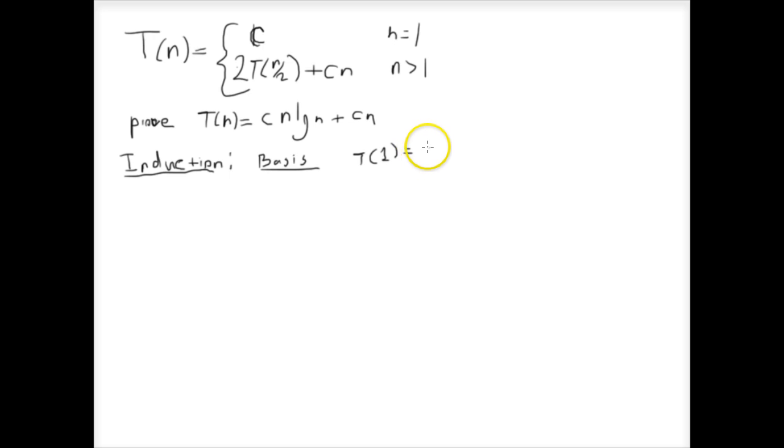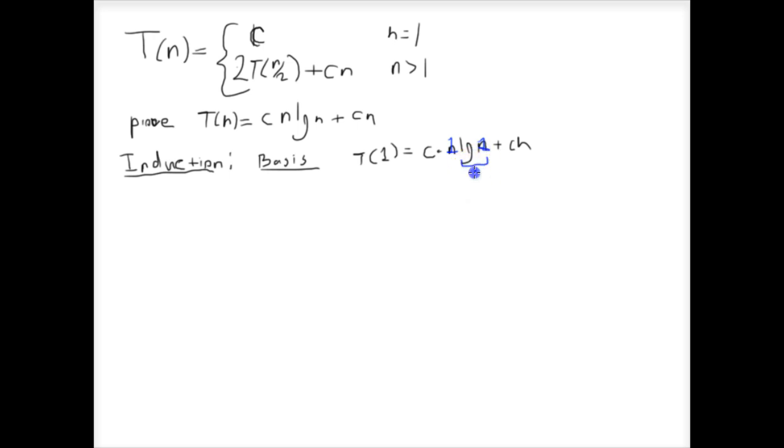So T of 1 should be equal to, and if we look at what we're trying to prove, we need to show that it's the same as c. So c times n log n plus c times n should be equal to c in order for the basis step to be true. And n is 1, so we're looking at 1 times the log of 1.